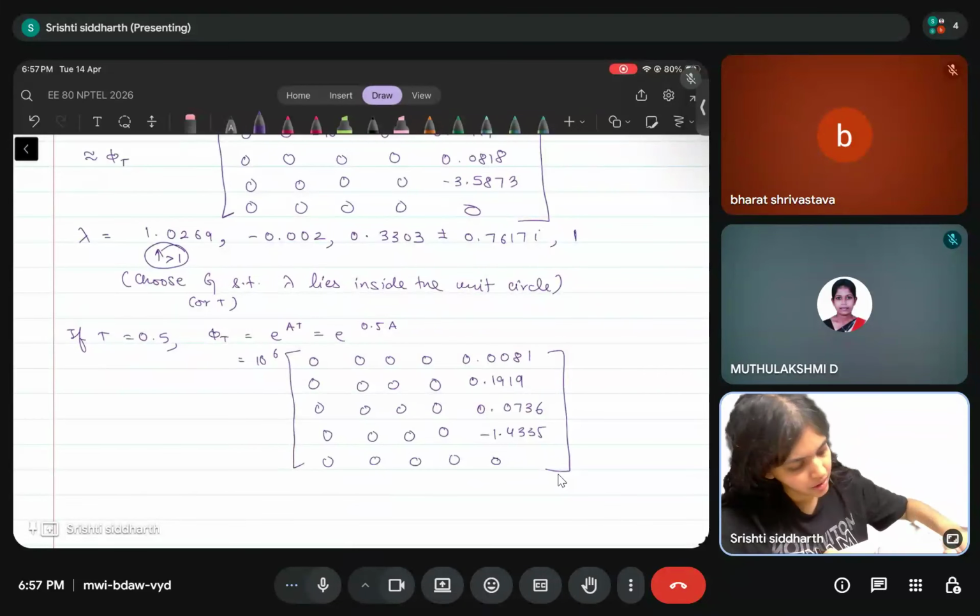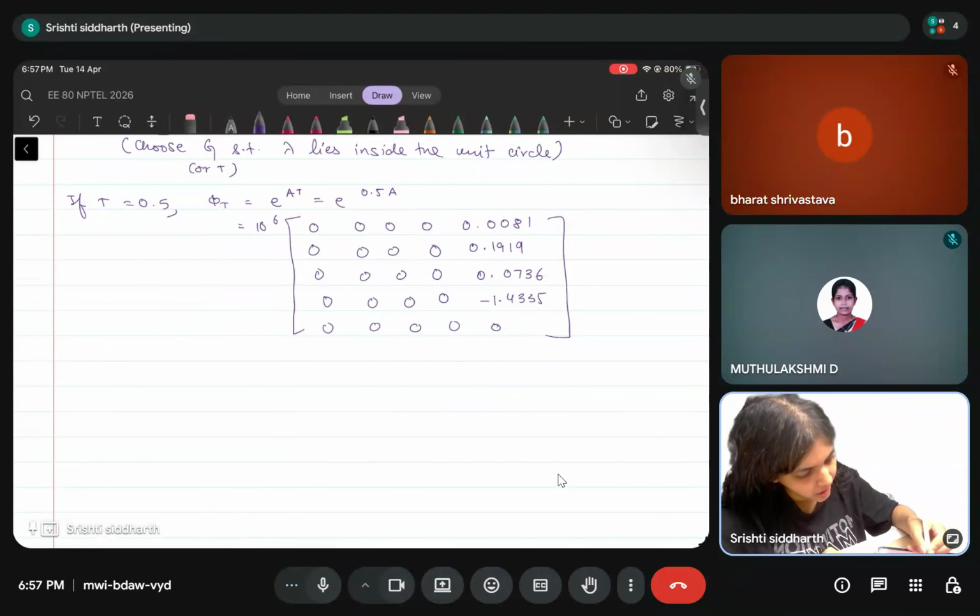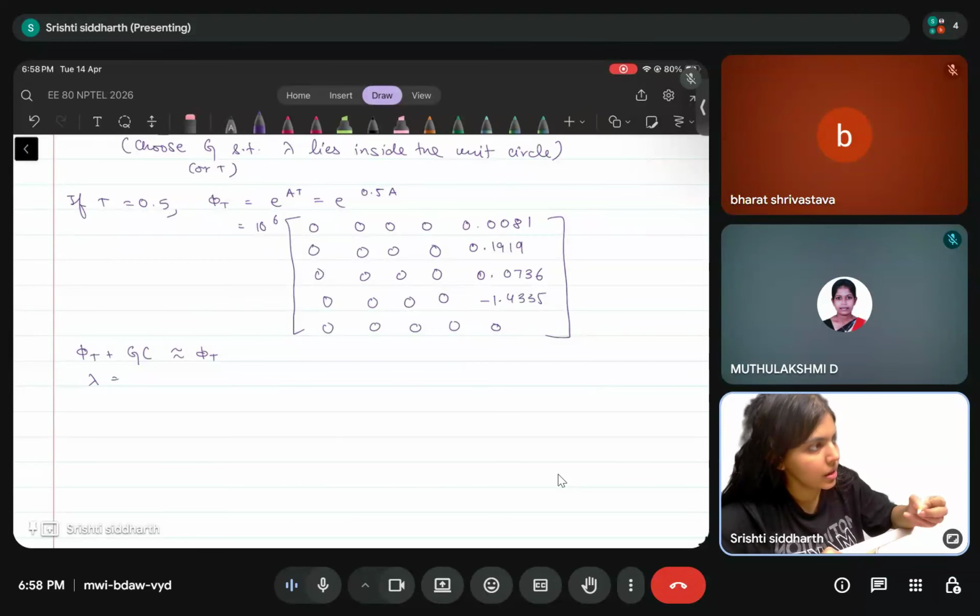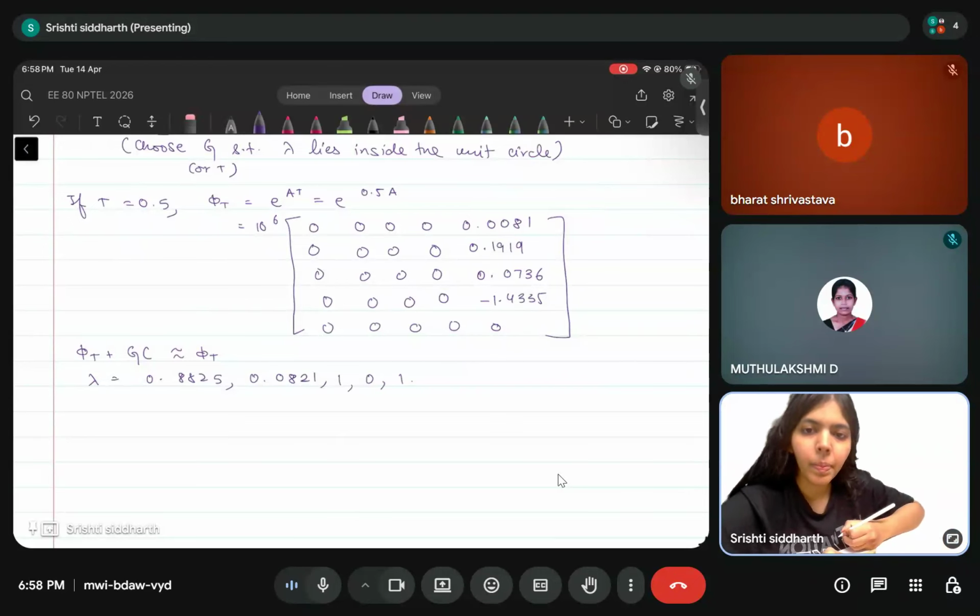Okay, so this is phi of t and this is 10 to the power 6. So phi t plus gc is still phi of t and the eigenvalues are 0.8825, 0.0821, 1, 0 and 1.